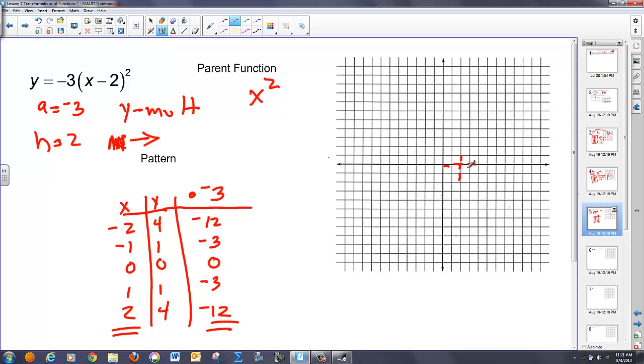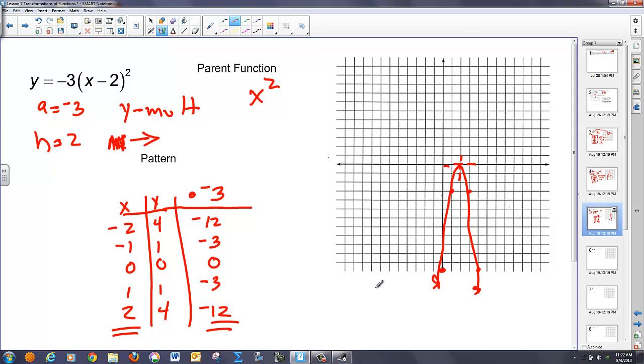So from this new origin, I go over 1 and down 3 on both sides, and go over 2 and down 12. I get a graph that's a stretched out parabola.